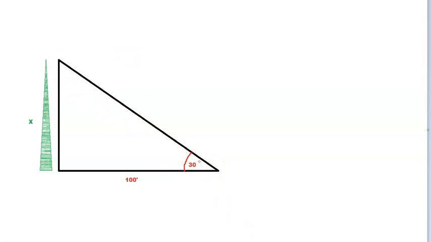So let's go back to our newly understood or remembered ideas of SOH, CAH, and TOA. We remember this, right? SOH means sine equals opposite over hypotenuse.